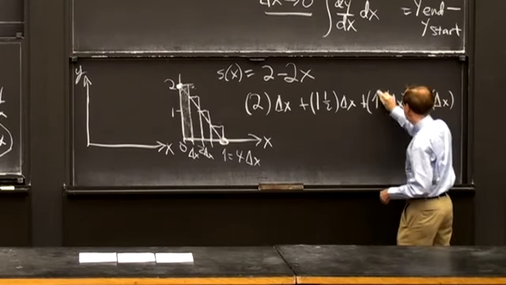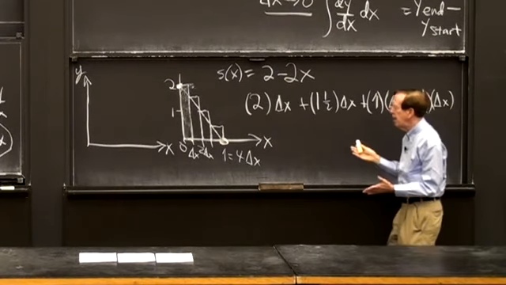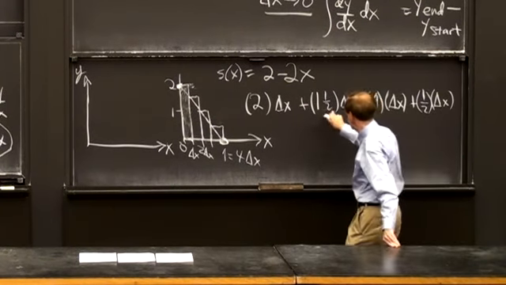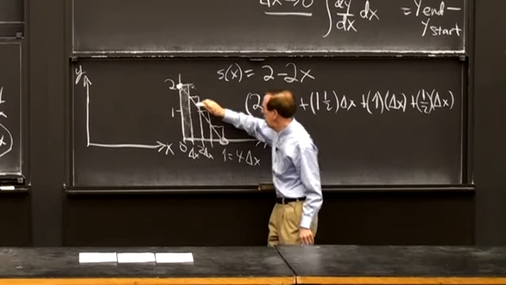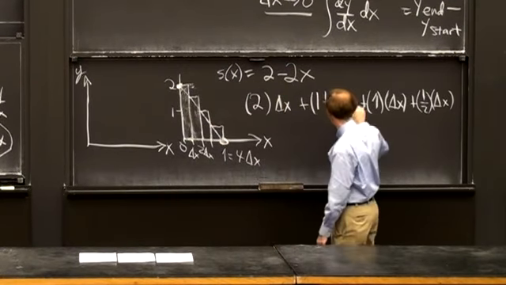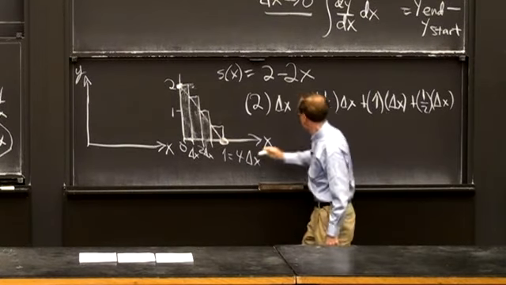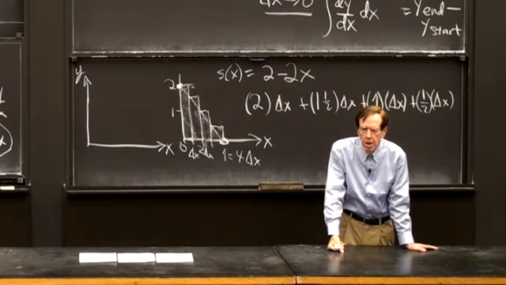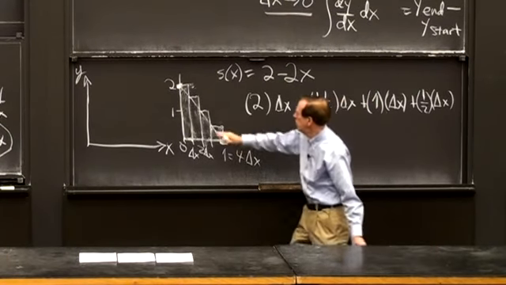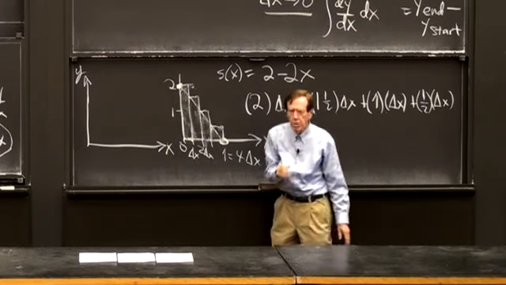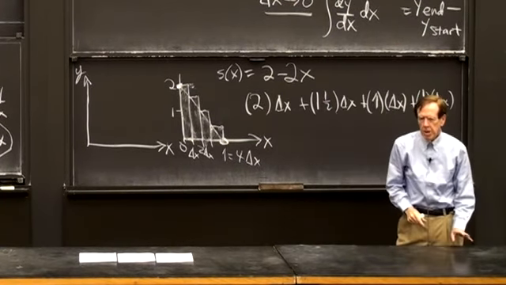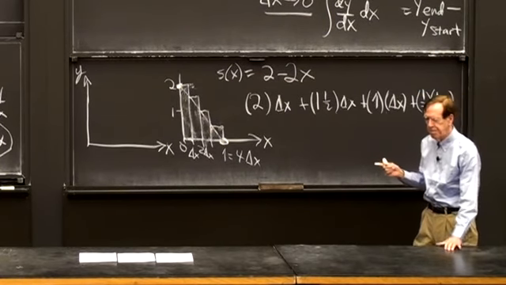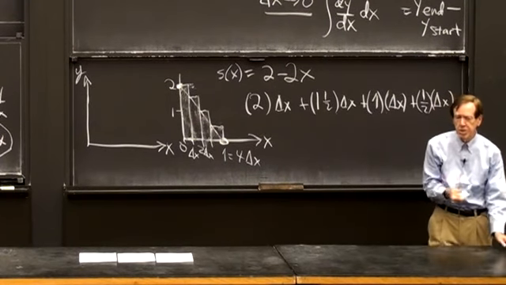This is adding the way I did in the algebra. And what do I get? Well, this, again, is the area of that piece. This one is the area of that piece. This one is the area of that piece. I get an overestimate because the true slopes had dropped a little within each piece. I get some quantity which I can figure out, but it's not the right answer. It's not the final answer.